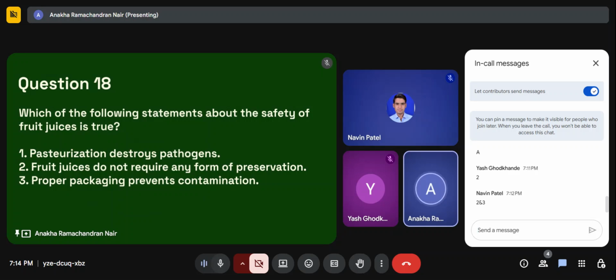So, out of this, which is or are correct? 1 and 3, yes. So, the correct answer is pasteurization does destroy pathogen. Proper packaging does prevent contamination. But option 2, that fruit juices do not require any form of preservation, is incorrect.